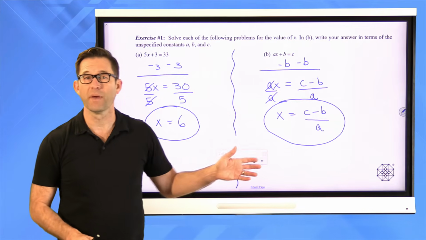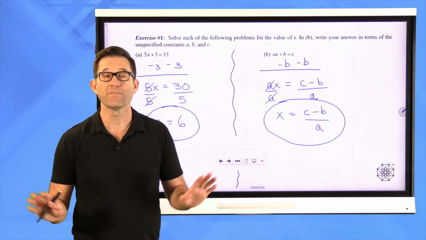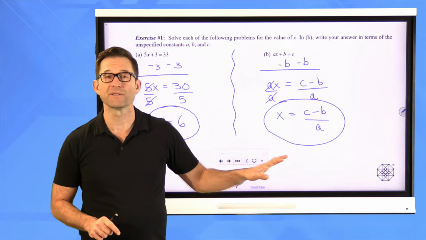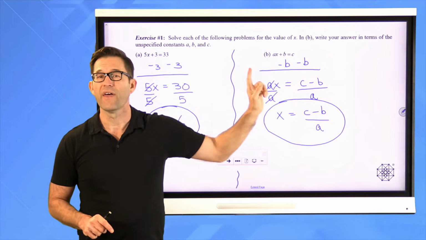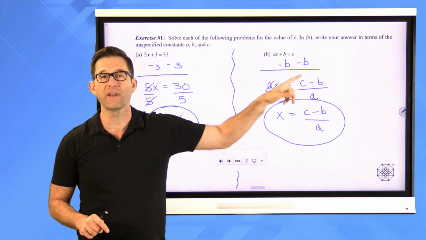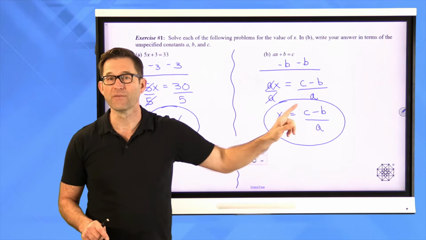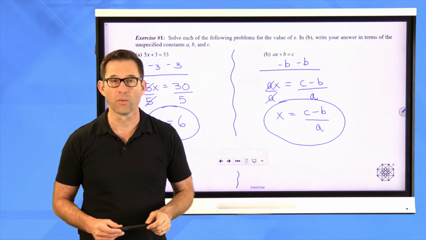In this problem, the best I can do is take that c minus b, divide it by a, and leave it that way. But the cool thing about having a formula like this is that now, if I gave you any equation that had this form, I could have like 7x plus 1 equals 22, I could put those values in for c, b, and a, and immediately crank out what x was equal to.